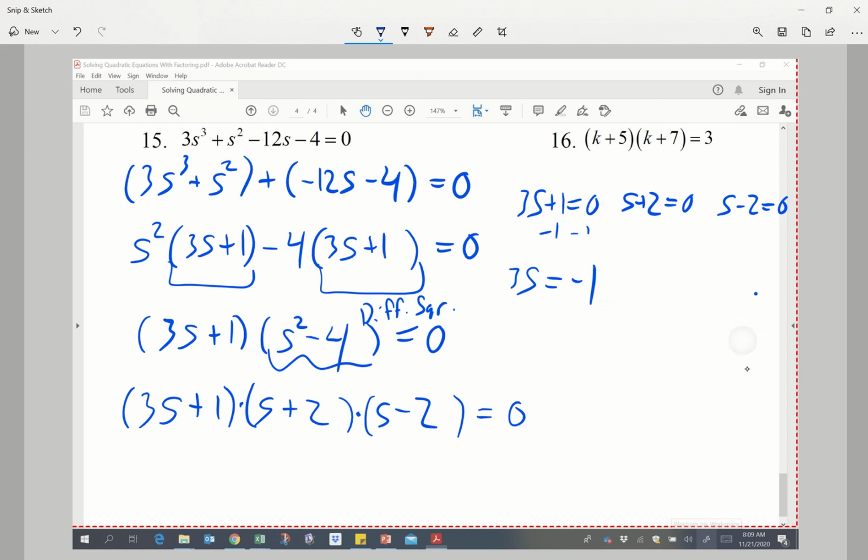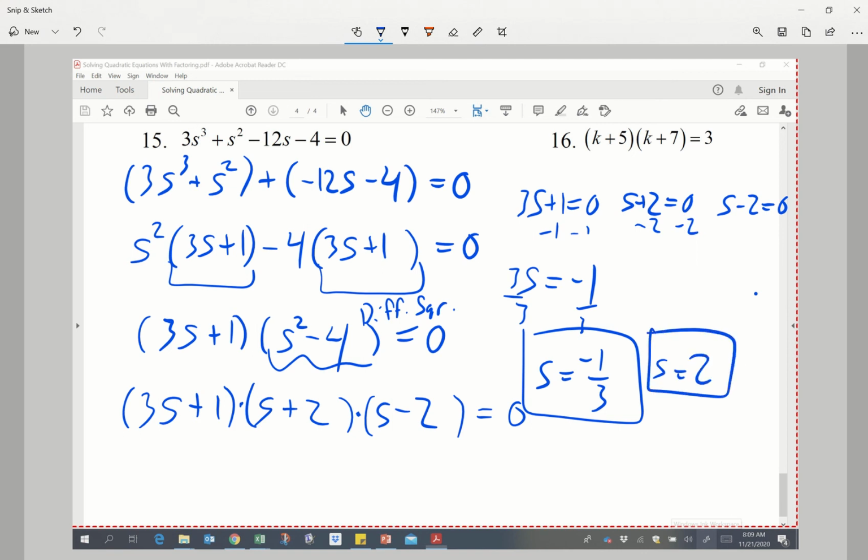We get 3s equals negative 1. Divide by 3, and s equals negative 1/3 is one solution. For the middle one, we would subtract 2, and that would give us the solution s equals negative 2. And then lastly, for this one, we would add 2, and we would get s equals positive 2.